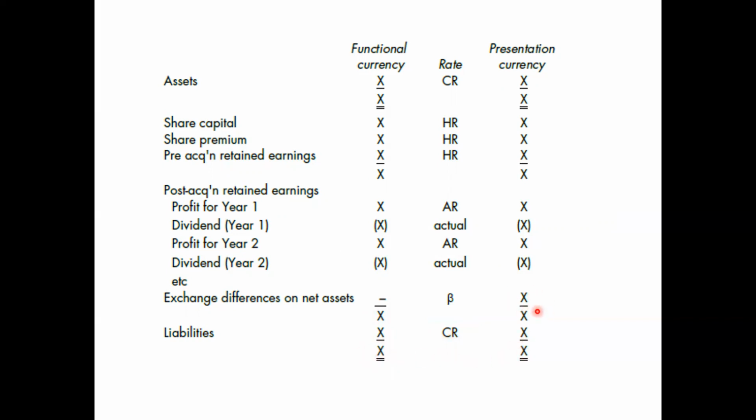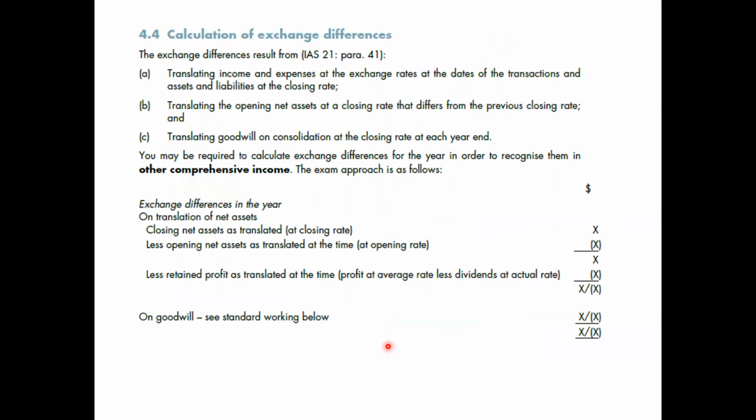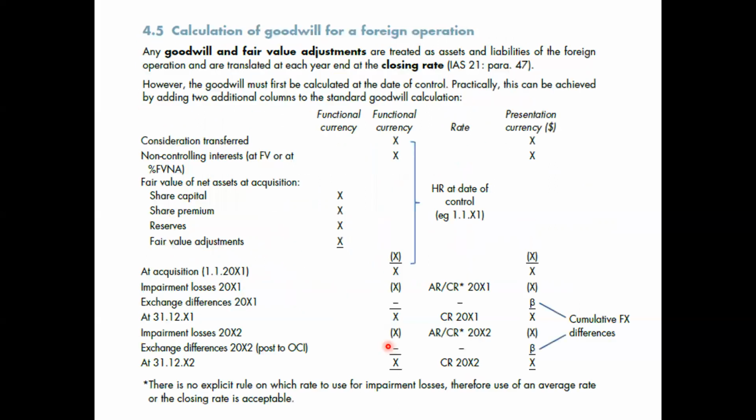I will see that there's a difference, and at the end of the day I need to get the movement, and that's the exchange difference. In the statement of profit and loss, I will use my average rates to translate it if they ask me for the statement of profit and loss. So make sure you understand the difference between the foreign entity, the foreign operation, and the normal transaction.